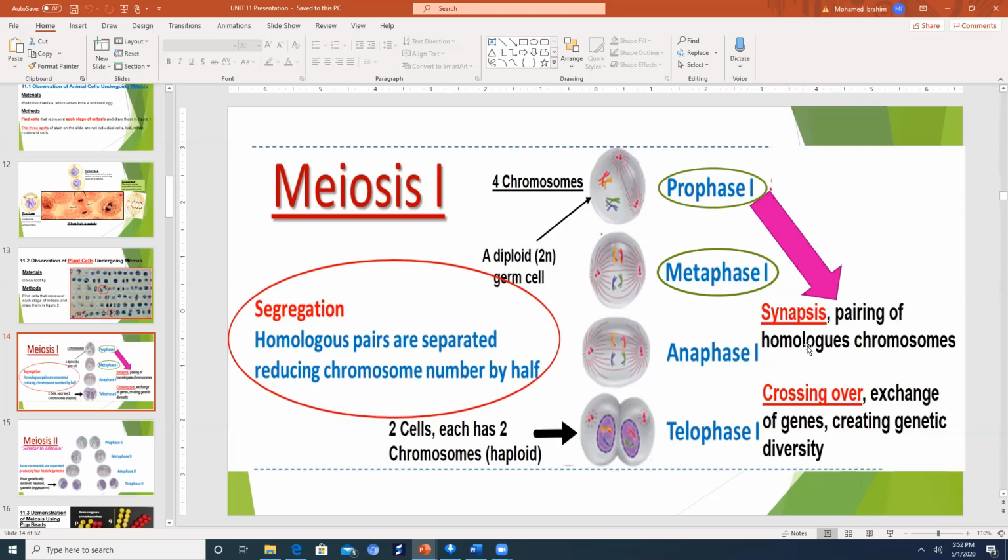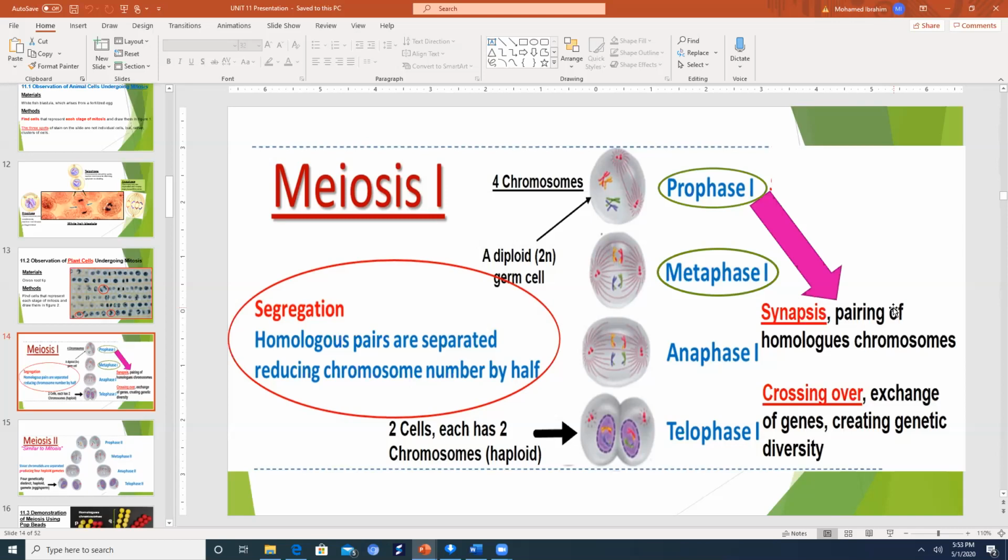Synapsis means that the homologous chromosomes are going to pair. Remember, each cell has 46 chromosomes, okay? Those are 23 pairs.